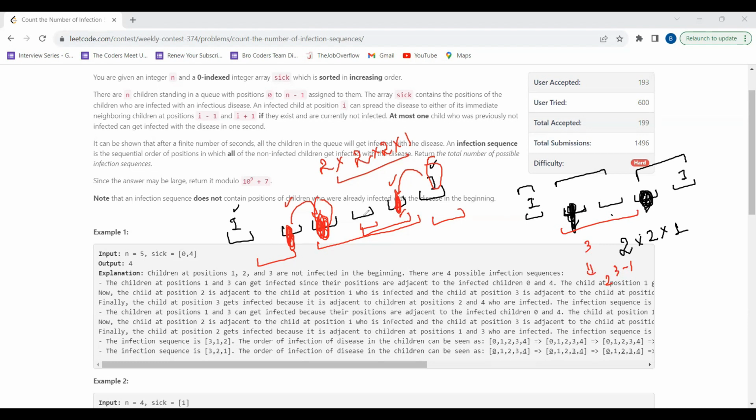Here between two infected people we had 4 spaces, so what we did was 2 to the power 4 minus 1. You can go by this approach and check. It will come true always. If we have got n spaces between two people, then the number of possible ways will be 2 to the power n minus 1.